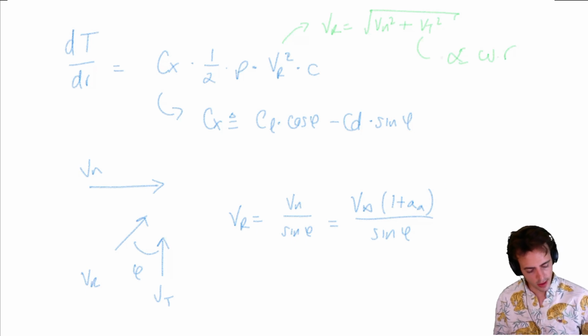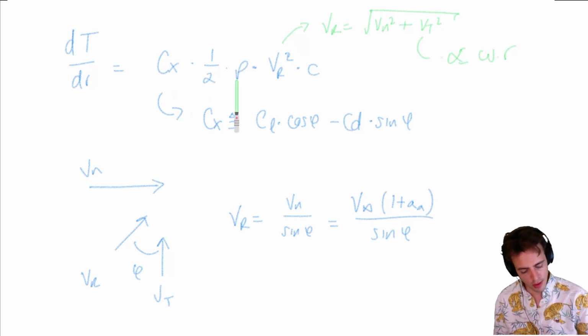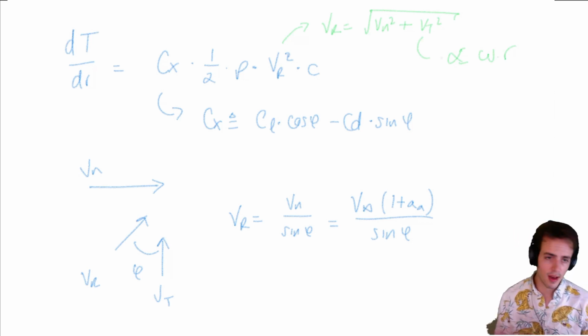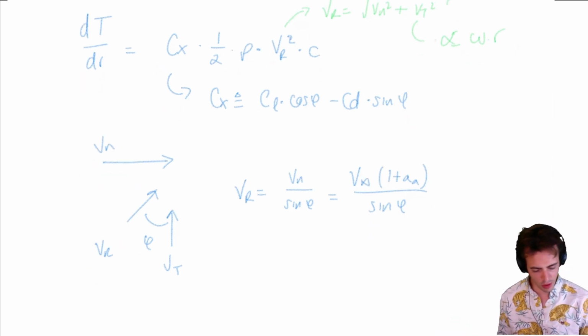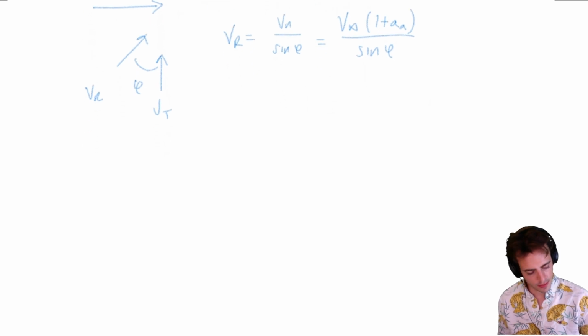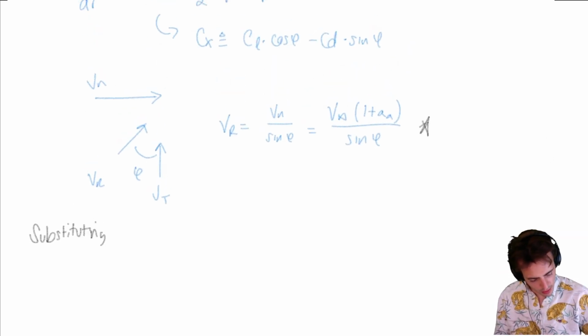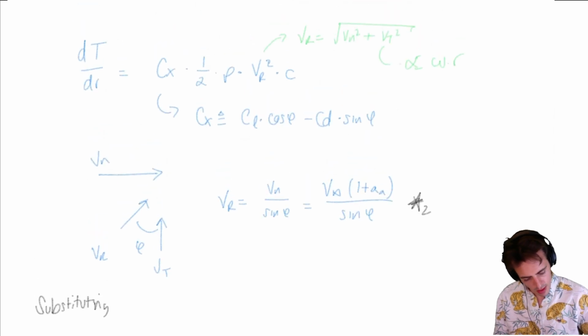So I can take this and substitute this term into this expression up here, which is simplified in terms of an engineering method. It's actually made the equation more complicated, but let's substitute this in. So we'll substitute star 2 into star 1.